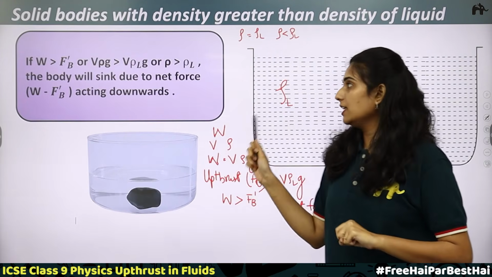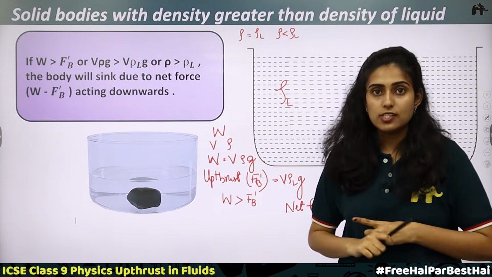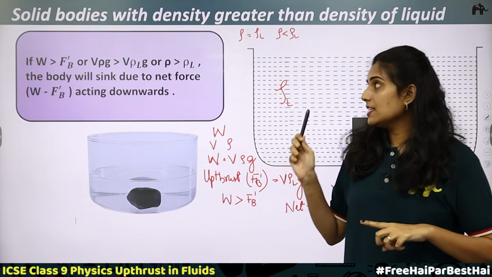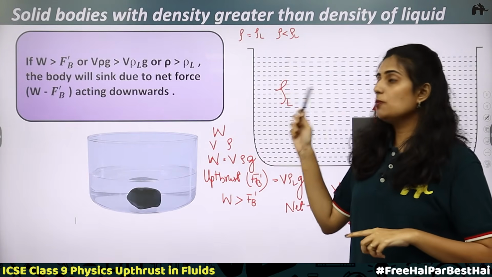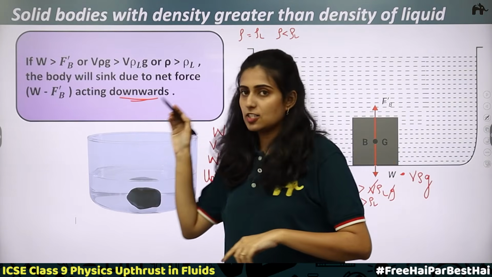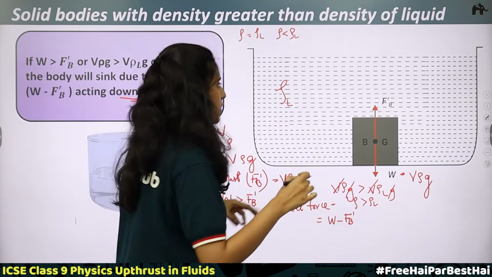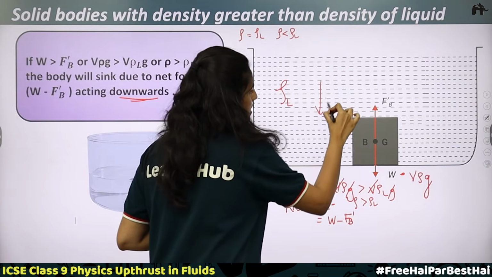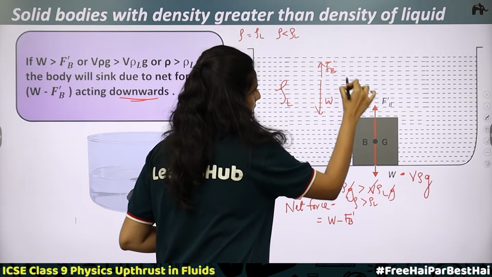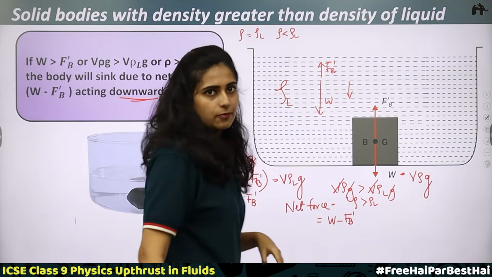If W is greater than FB dash, that is, weight is greater than the buoyant force, or V rho g greater than V rho L g, or rho greater than rho L, the body will sink due to a net force W minus FB dash, which is acting downwards. You have to remember the direction. The net force is acting downwards, because the weight is greater than the upward force FB dash.